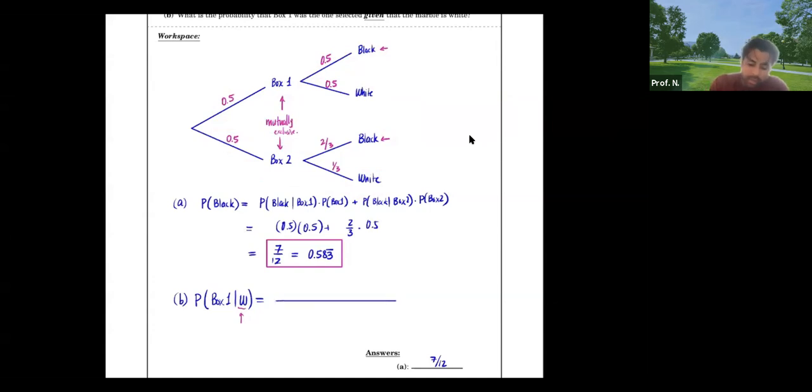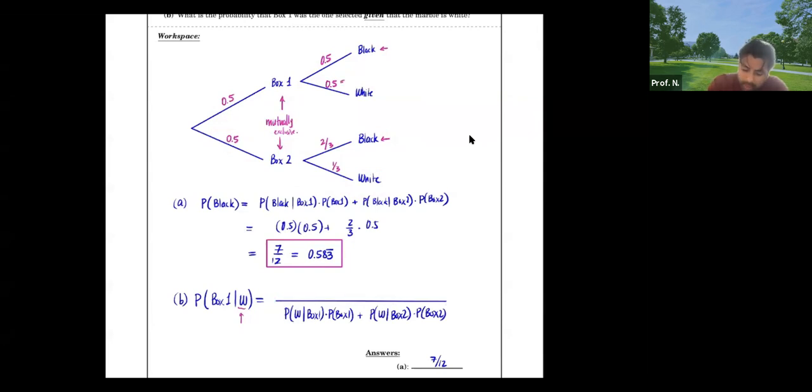It becomes the probability that it's white given that I have box 1, multiplied by the probability of box 1 occurring, plus the probability that it's white given that it came from box 2, times the probability that I selected box 2. Do you see that?